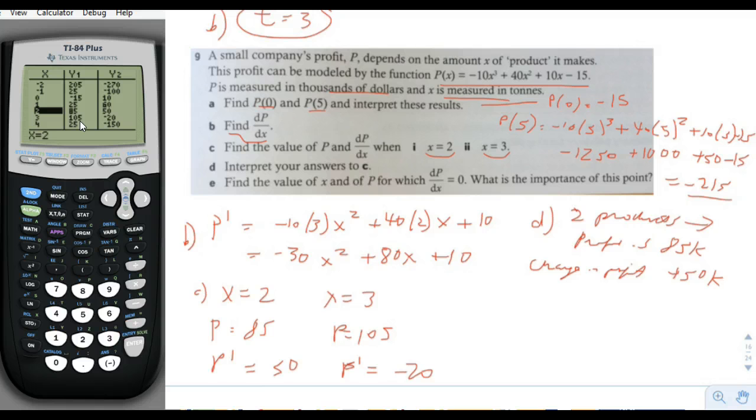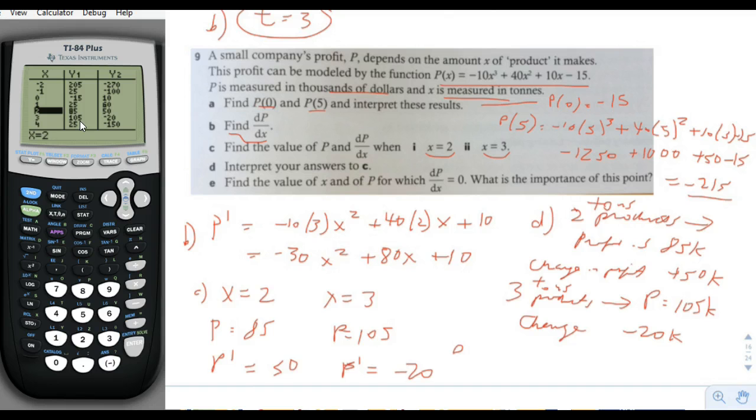Okay, and then when you have three products, actually it's not three products, it's 3 tons of products. Okay, 2 tons of products, 3 tons of products. So when there's 3 tons of products, then profit is 105K, and the change in profit is negative 20.